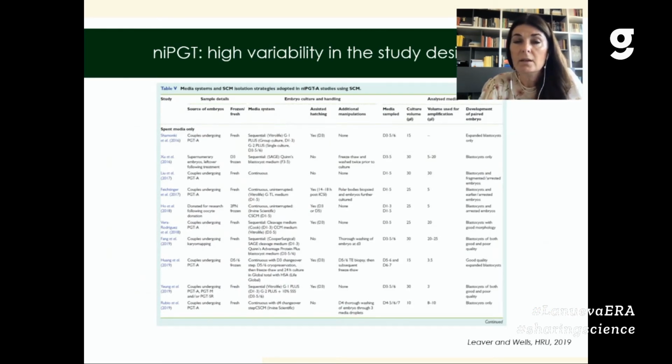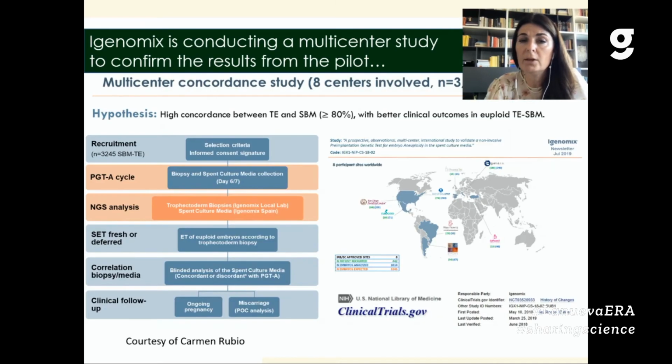There are different studies in the literature with different results. So this technology is in a validation period. There are beautiful studies. For instance, Igenomix is conducting a fantastic multi-center study to confirm the results of our pilot study. I'm very proud to have been part of these studies.